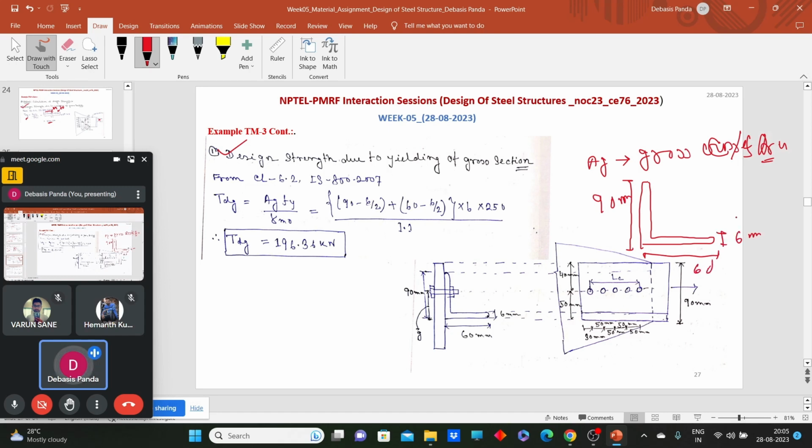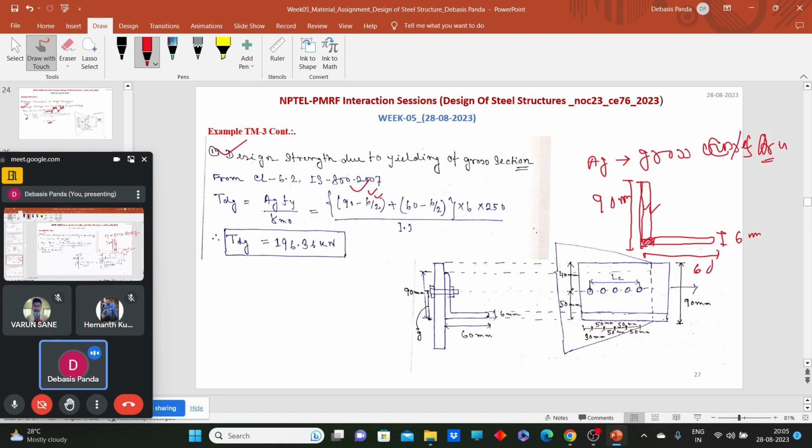So what will be the gross cross-sectional area of this leg? We need to come up to the center line, because if we come up to this portion, here we have an overlap zone. That means we have more area. So first part, this is the gross area, so we need to come from the top to the center. This is the width. So 90 minus 6 by 2, that is nothing but we have come up to this section.